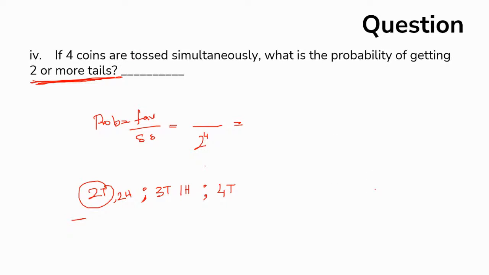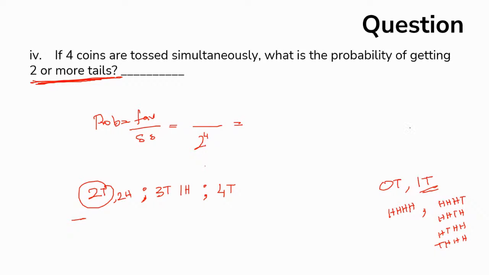Less than two tails means zero tails and one tail. So zero tails is all being head, only one chance. And other cases, one tail: head, head, head, tail; head, head, tail, head; head, tail, head, head; tail, head, head, head.